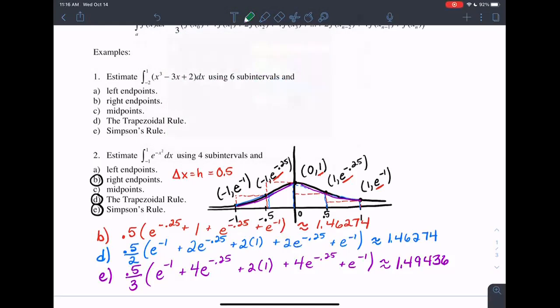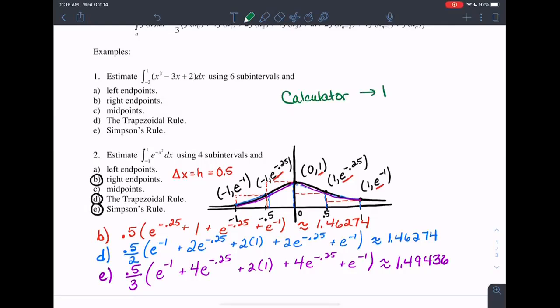I got that too. Calculator, just using the integrate function, says 1.49365. So this is really quite good, because if we were to round each of those to the nearest thousandth, they agree. So our error is less than 0.001 in using Simpson's rule.